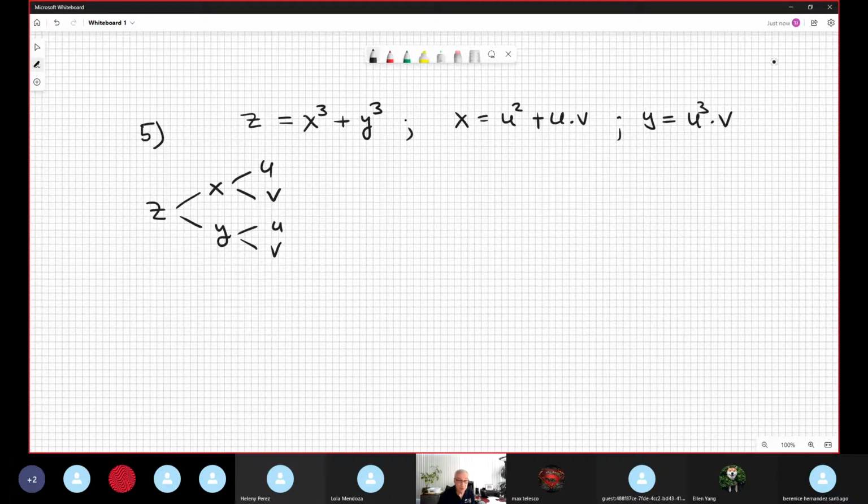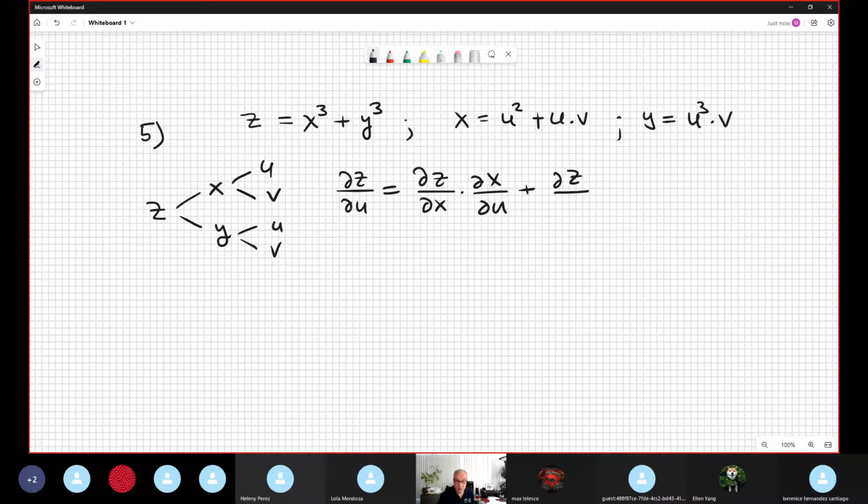And the formula for this specific tree is partial z with respect to u, for example, is partial z with respect to x times partial x with respect to u, plus partial z with respect to y times partial y with respect to u.